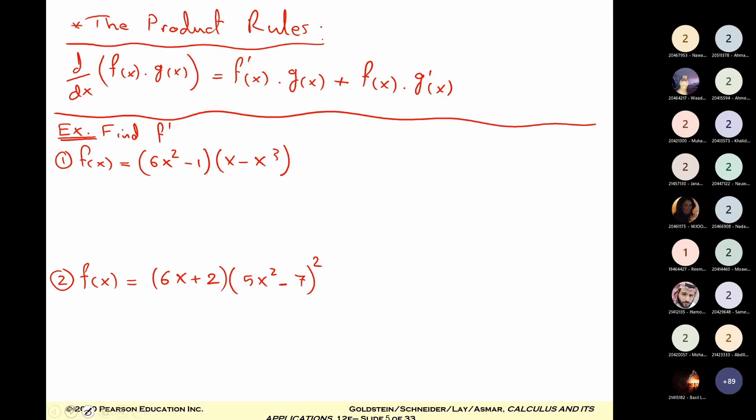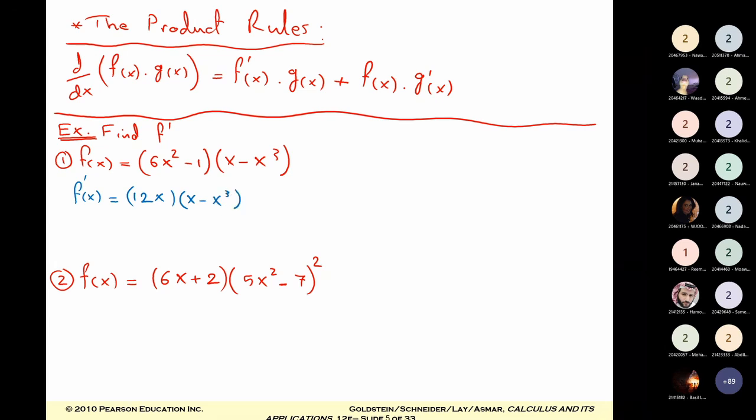Okay, now look at this. We have a product of 2 brackets. To find the first derivative, f prime equal the derivative of the first, 6x squared minus 1. This is equal what? 12x. Okay, multiplied by the second function as it is.